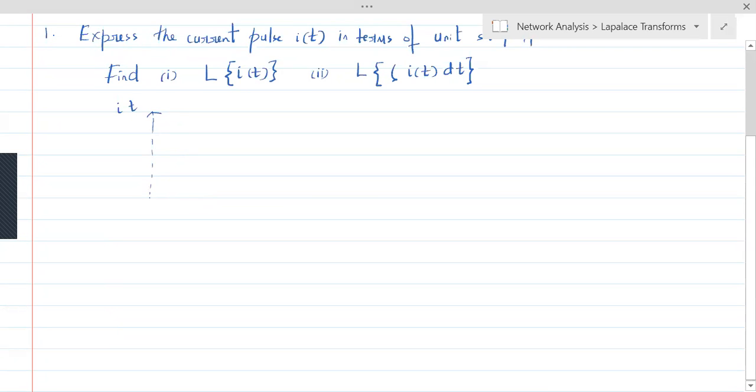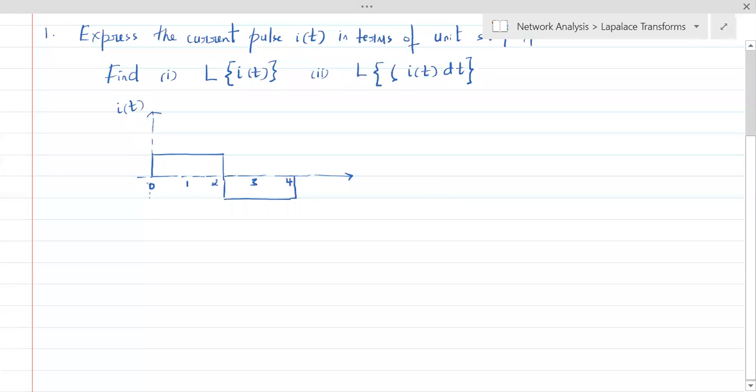So this is how the waveform looks. 0, 1, and at 2 it reaches 0 again. Then it comes here, 2, 3, and at 4 again it goes to 0.